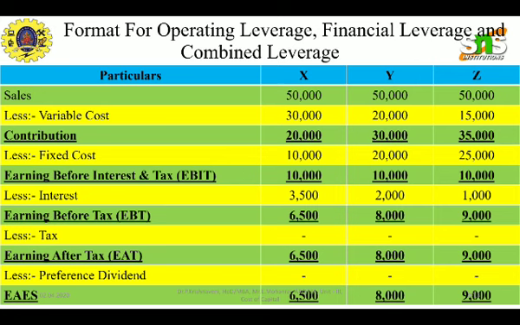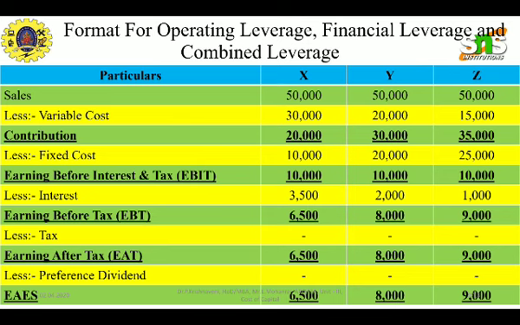Then sales minus variable cost, we get the contribution. 50 minus 30 is 20,000, 50 minus 20 is 30,000 and 50 minus 15 is 35,000. Your contribution is for X firm 20,000, Y 30,000, Z 35,000.